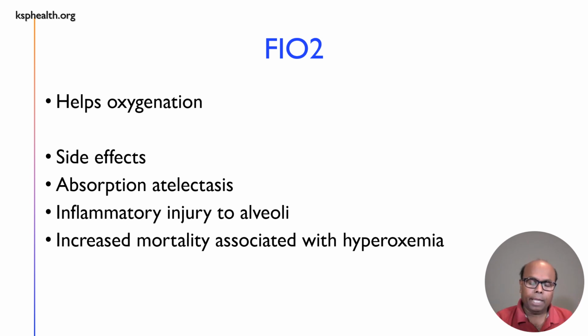When you inhale atmospheric air, it has 21% FiO2, and the remaining is primarily nitrogen and other gases. Only the oxygen is involved in the gas exchange process. The remaining portion of the air is inert gases, and it helps keep the alveoli open, along with other biological things that happen in the alveoli, like surfactant that keeps the alveoli open.